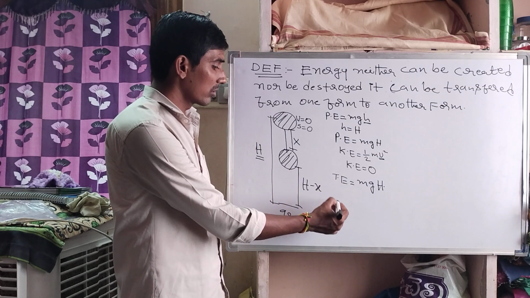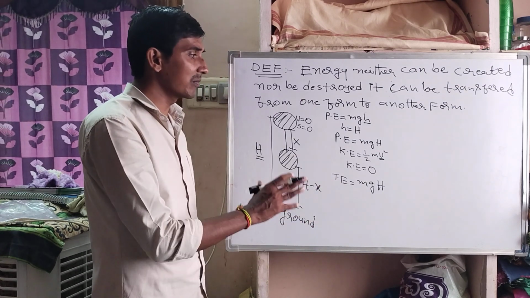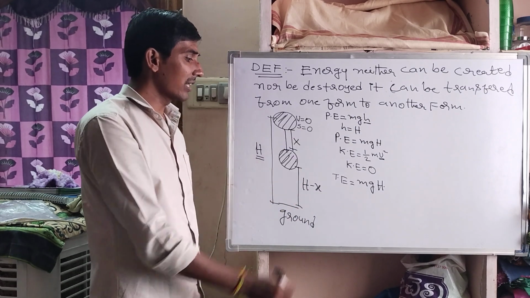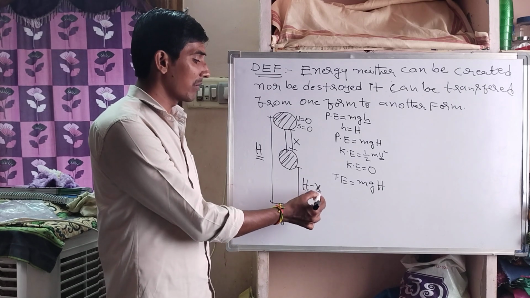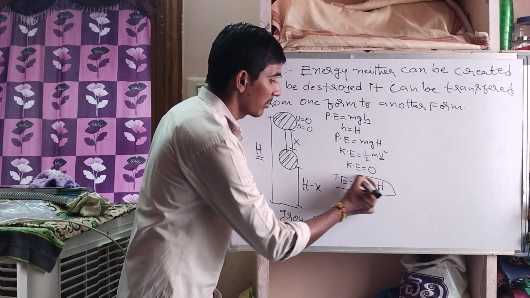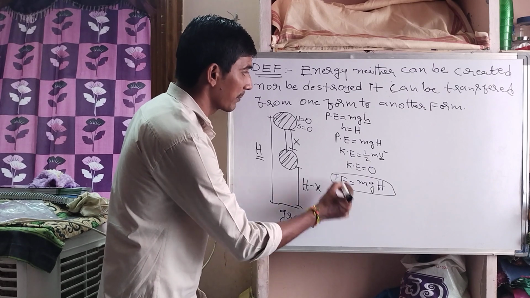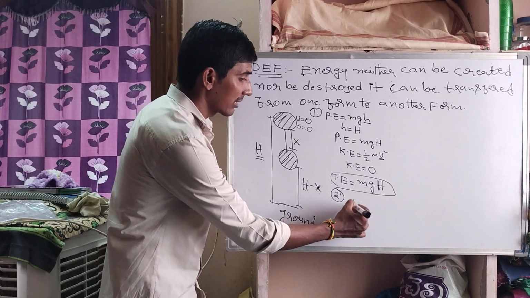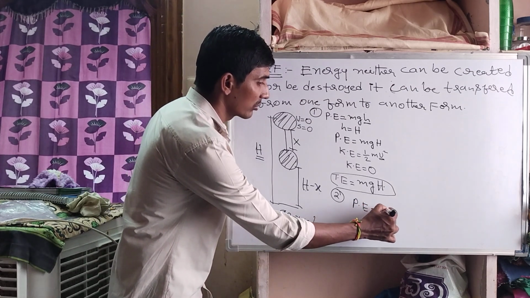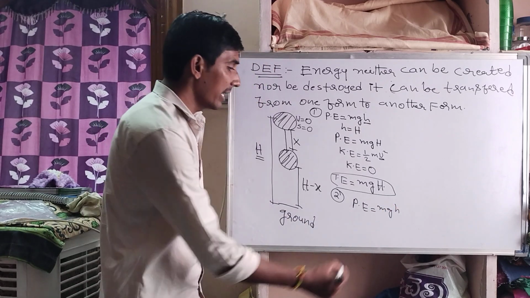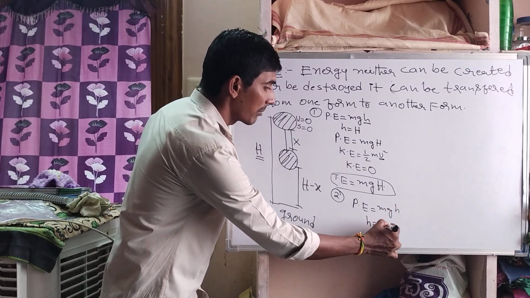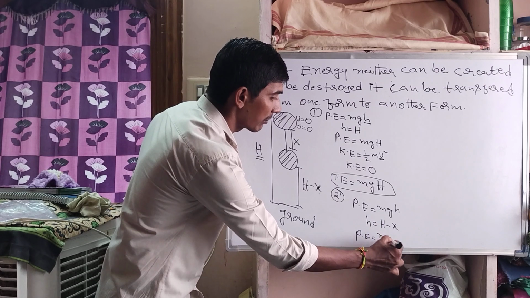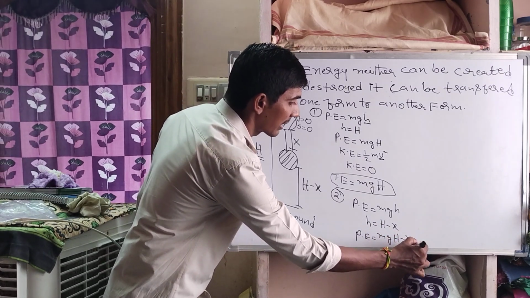The potential energy mainly depends upon the height of the object, and here the height means H minus x. This is the first position and this is the second position of the object. Here potential energy is equal to mgh, where h means H minus x. So potential energy is equal to mgH minus mgx.